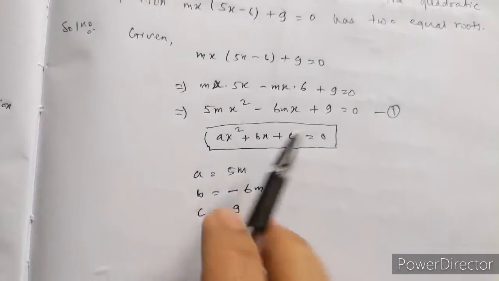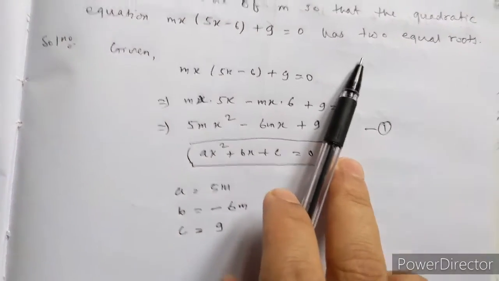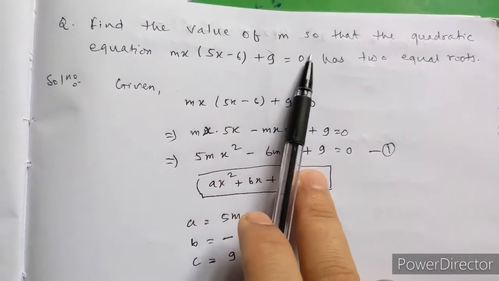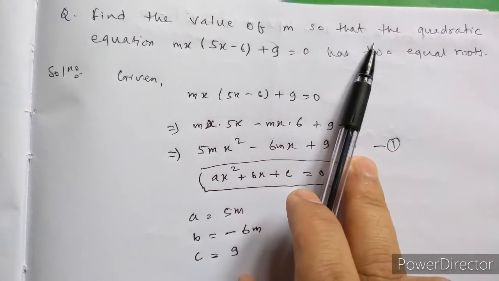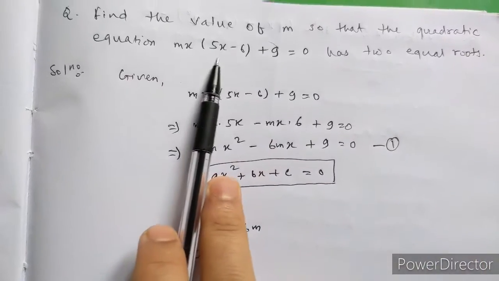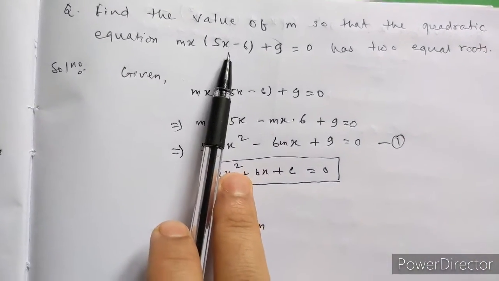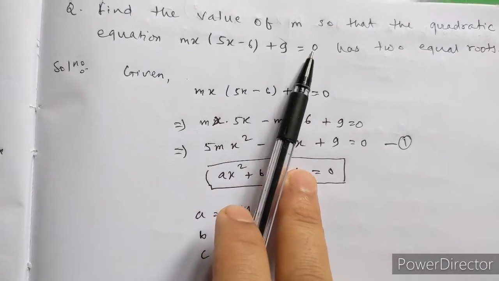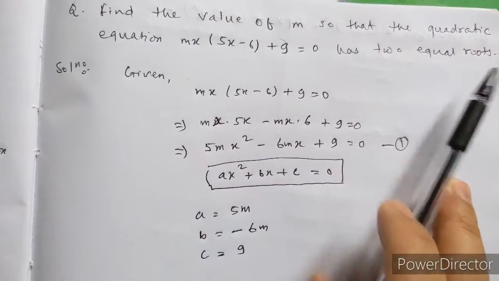So what I have to check according to the question: we have to find the value of m so that the quadratic equation mx(5x minus 6) plus 9 is equal to 0 has two equal roots.